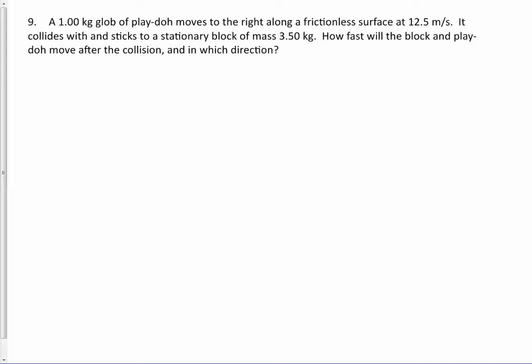All right, so now we have to identify what kind of collision it is. We have elastic collisions, we have inelastic, we have perfectly inelastic. The fact that these two objects stick together tells us that it is perfectly inelastic, which means it was one of the two cases where we could predict the final velocities.